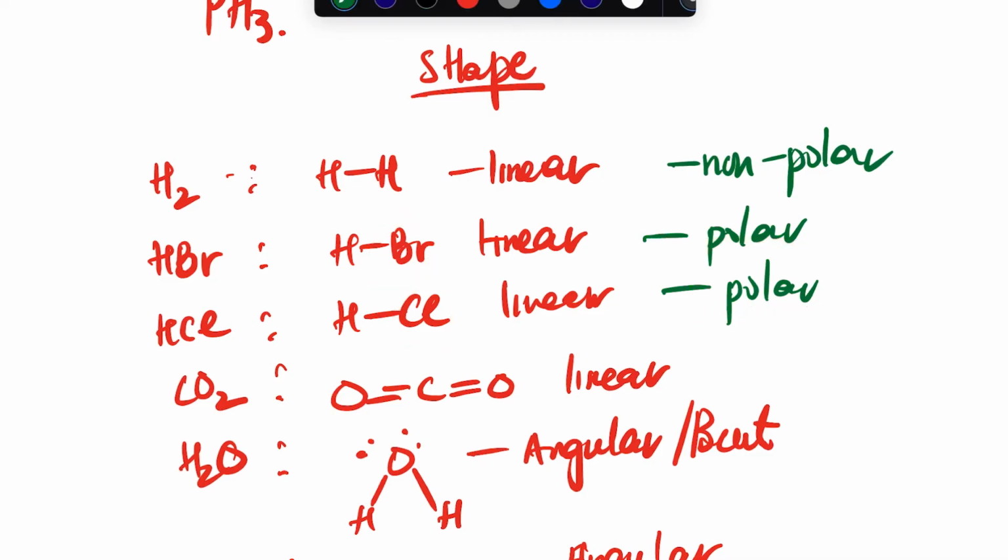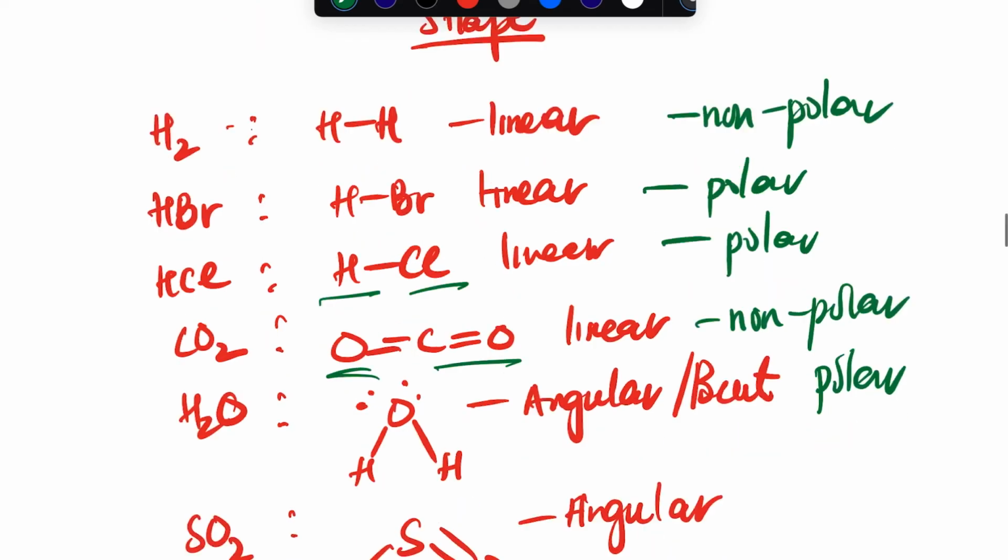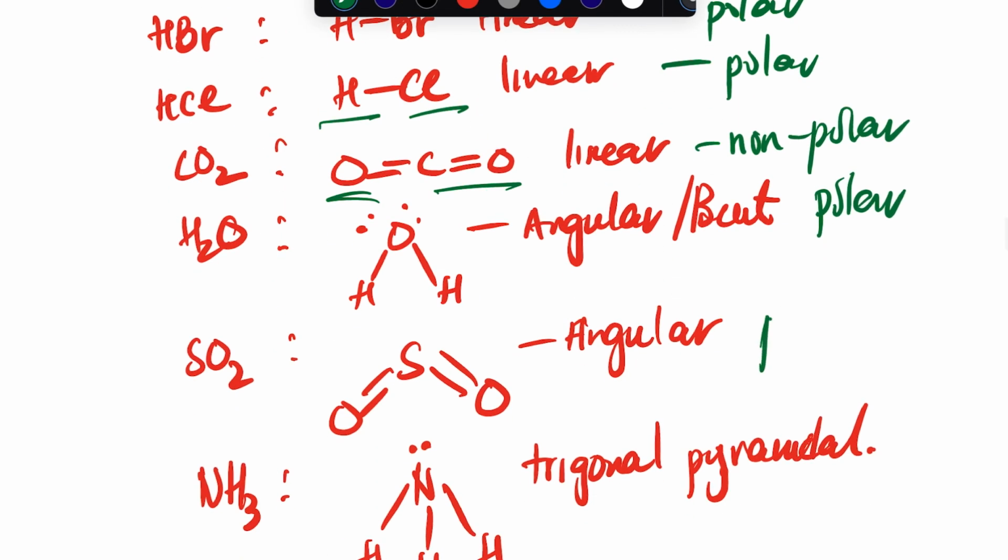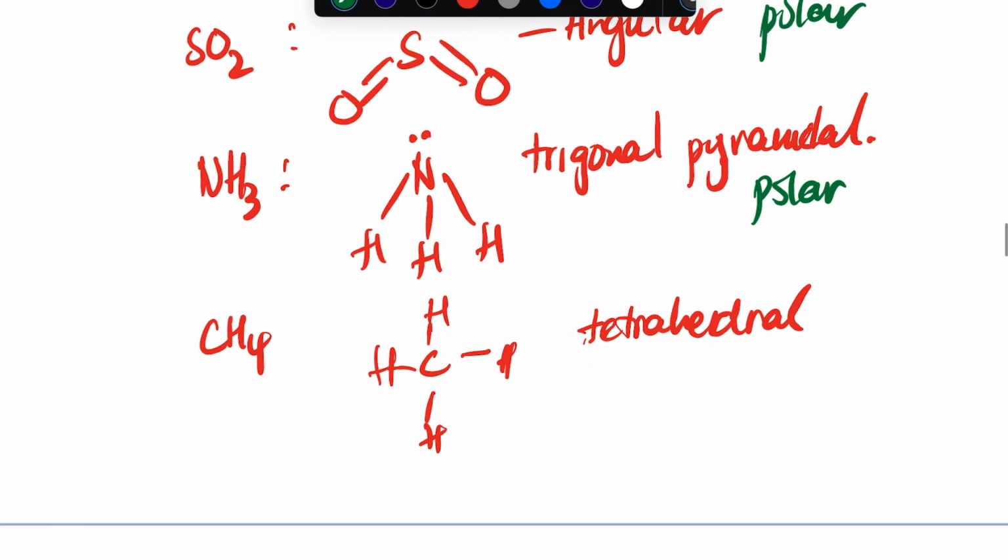And here, this one and this one, so this one is non-polar as well. And this one, water, obviously, is polar. And this one is going to be polar, and then this one is polar as well. And then this one is non-polar, right? Okay, guys, that's it.